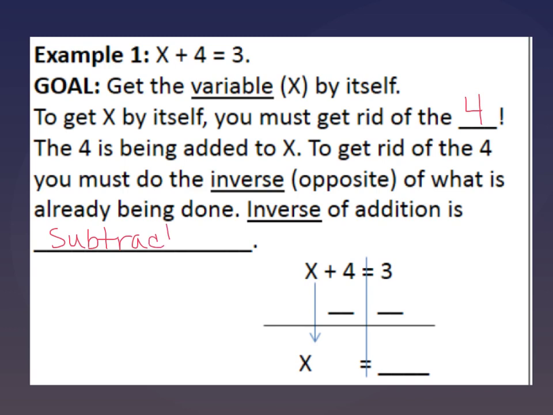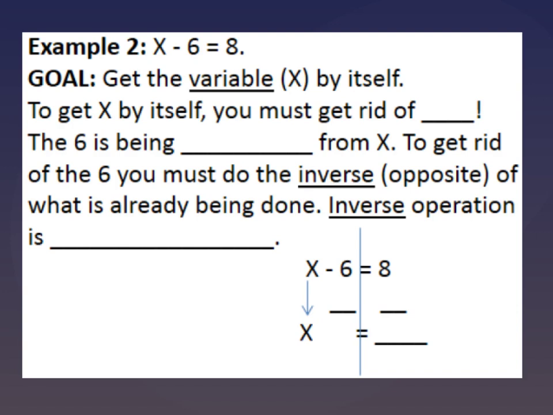So we are going to subtract 4 from both sides of our equation. A positive 4 and a negative 4 end up being 0, so we're left with just x on the left side. On the right side, 3 plus negative 4 gives us negative 1. Therefore, x equals negative 1.